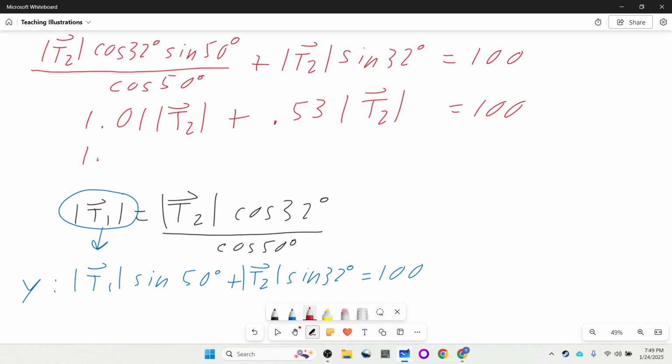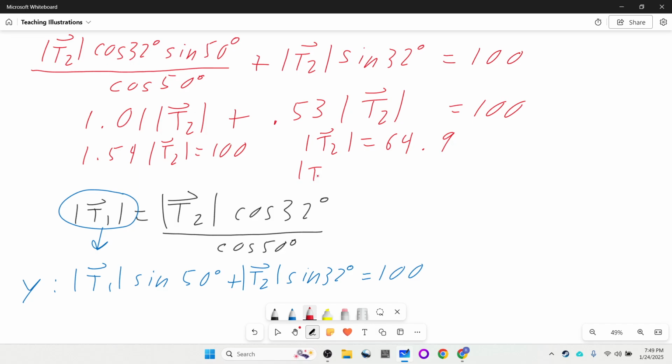So 1.54 length of t2 is 100. So 100 divided by 1.54 is 64.9.